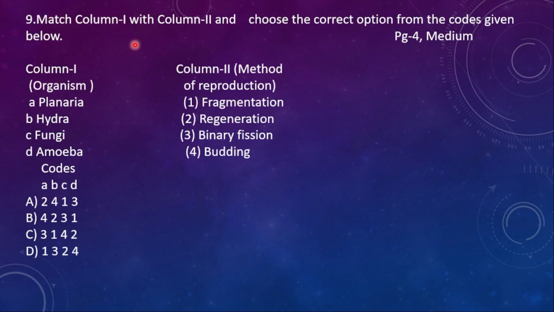Ninth one. Match column 1 with column 2. Choose the correct option from the codes given. In such kinds of questions, if you are confident about any two options, by that alone you can get the answer. Now, planaria's reproduction method is regeneration.